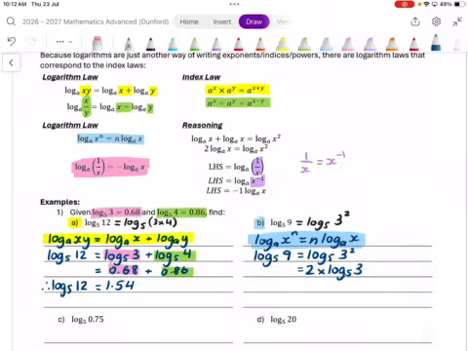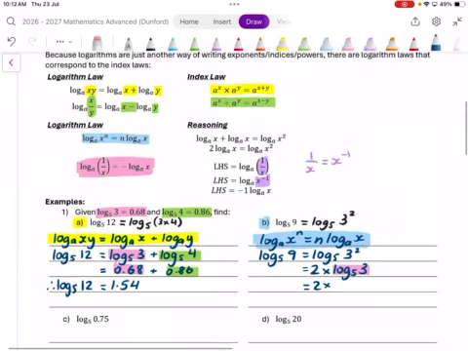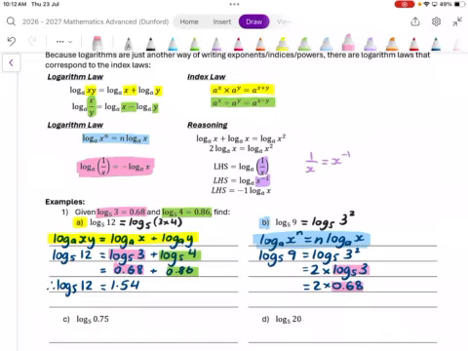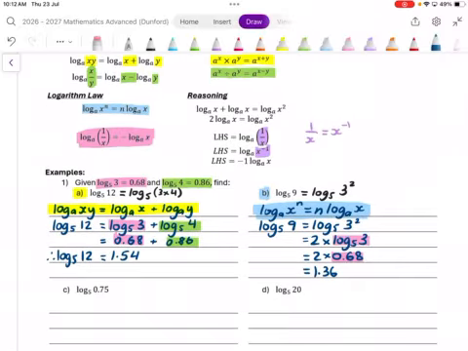Now, we know that log base 5 of 3 is equal to the decimal of 0.68. So we just need to go 2 times 0.68 to get us the answer of 1.36. Does that make sense? Silence means yes, I guess, unless somebody speaks up.